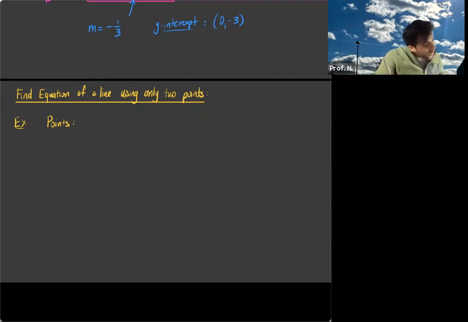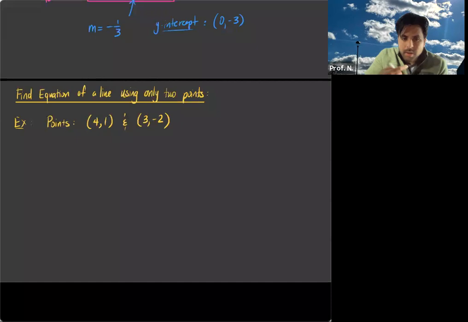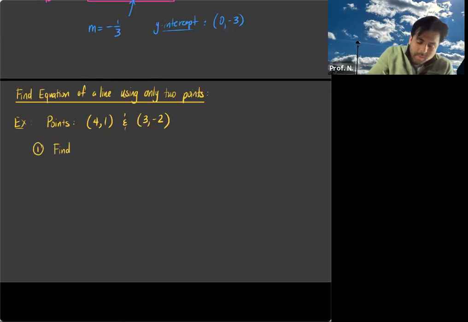So what if I have points 4, 1, and I got the point 3, -2. I want to find the equation of a line that connects these 2 points together. So the first thing is, step 1 is find slope.